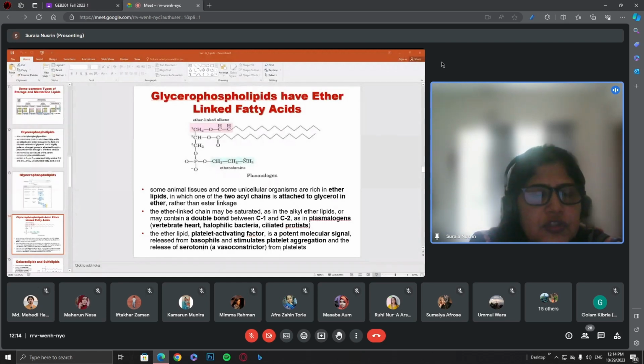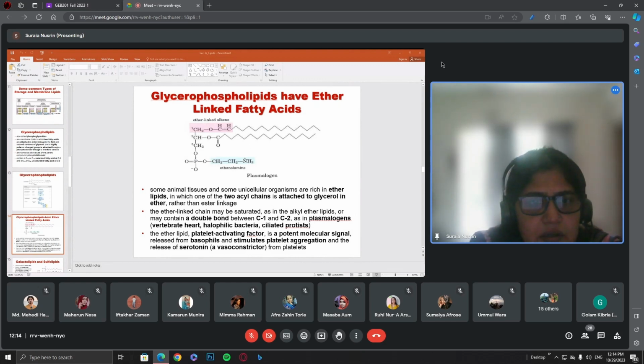So this one is about glycerophospholipids. That means they have almost the same structure we learned, where the number 1 and 2 carbons of the glycerol link to 2 fatty acids. But in the previous one, we learned that the fatty acids are linked by ester linkage. But here we are seeing one of the fatty acids is linked to glycerol, specifically the number 1 carbon of the glycerol, by ether linkage. Okay, ether linkage.